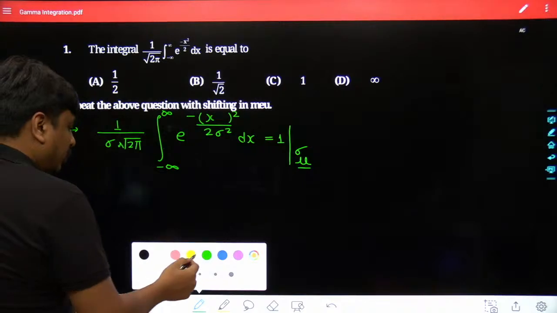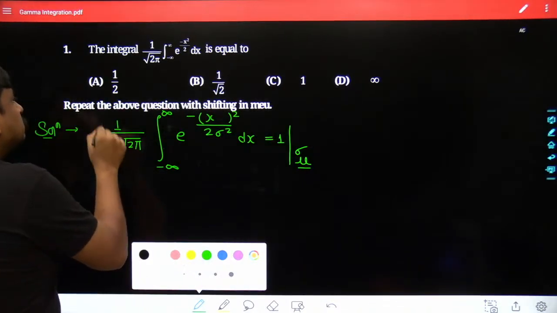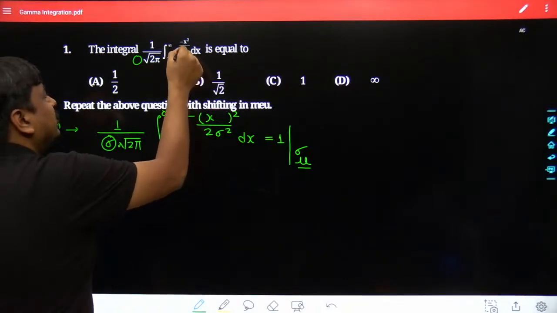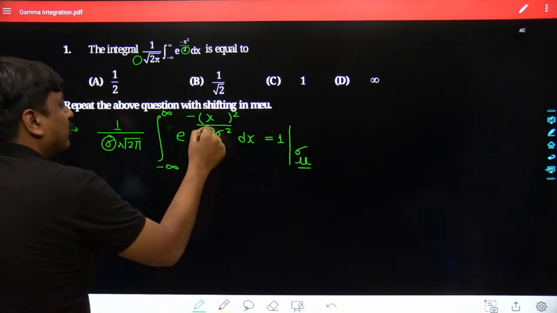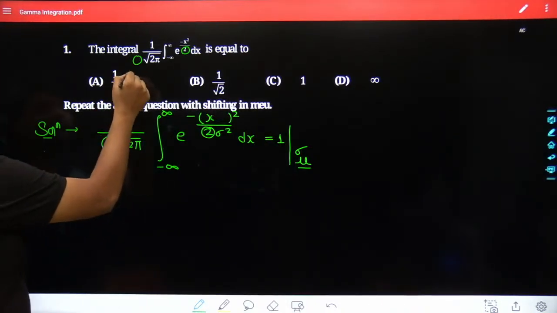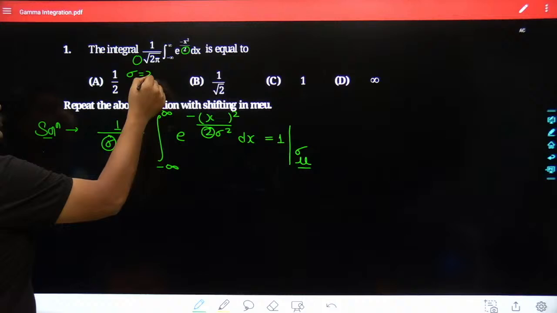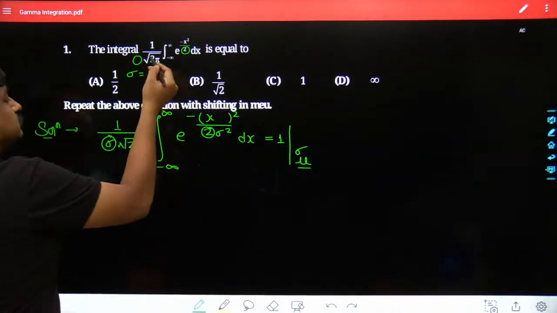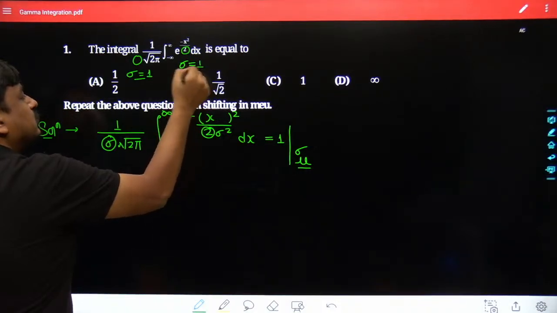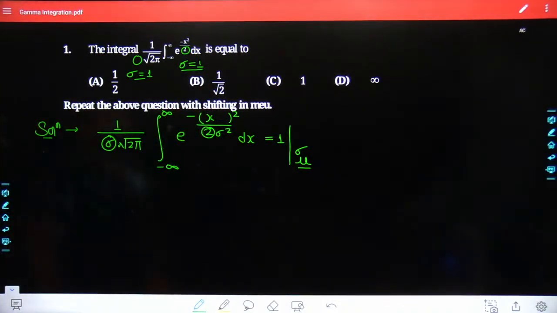And once you focus on the denominator side towards this term, as well as the denominator side towards this term, you could have figured out one thing. The value of sigma here was 1, and here also the value of sigma was 1.